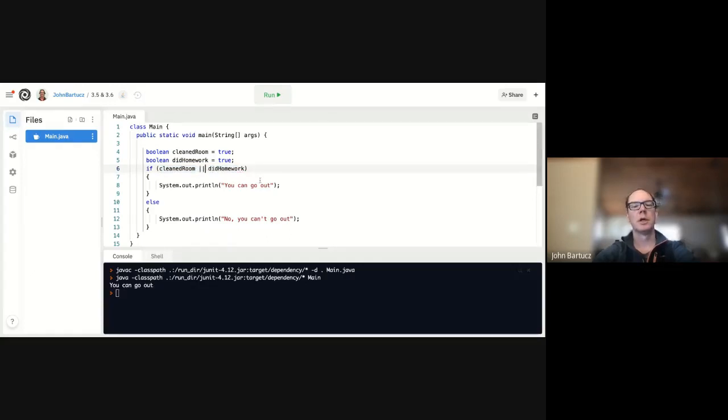If either one of these is true, then the whole thing is true. So if either you cleaned your room or you did your homework, or both, if both of them are true, then it's also true. It doesn't matter, as long as at least one of them is true.